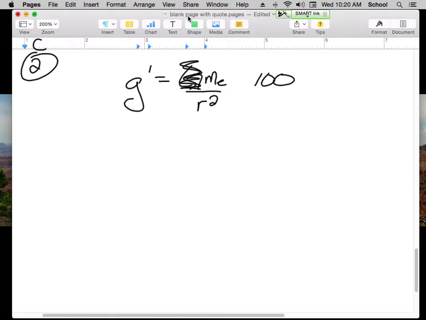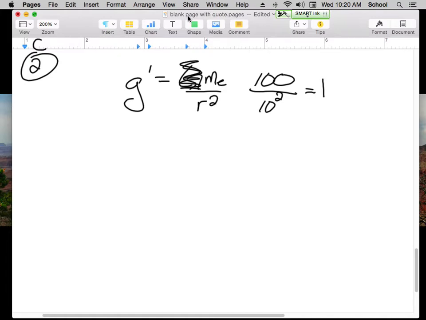But r is squared, so r really needs to get 10 times bigger for it to come out about the same. So basically, if g is the same and they have 100 times the mass, then the radius must be about 10 times bigger than our radius, which is in fact what is happening.